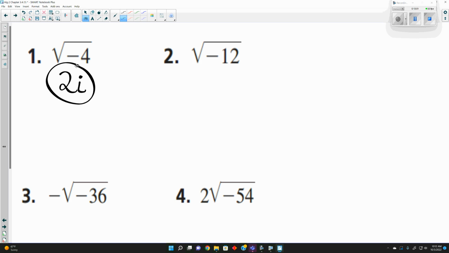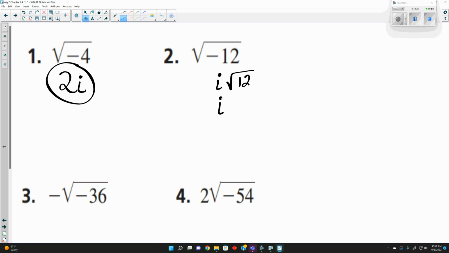So, square root of -12. The negative would come out as i, yes? 4 times 4 is 16. So we'd have i and then the square root of 12. We would need to simplify the square root of 12, but again, the calculator will simplify it for us.